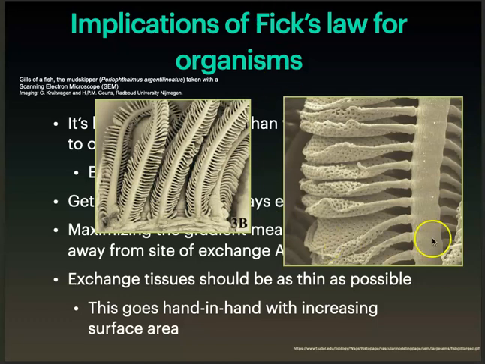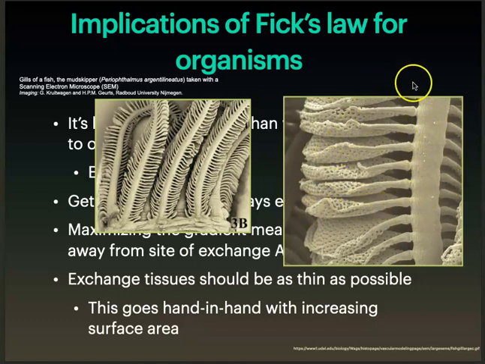I also wanted to point out this image on the right hand here. So this, instead of showing the surface of these lamellar folds, it actually shows the inside of them. And we see all these little holes. So not only are these very thin, not only do they have a very high surface area, but in addition, there are multiple of these holes, these places, again, where gas exchange is occurring.